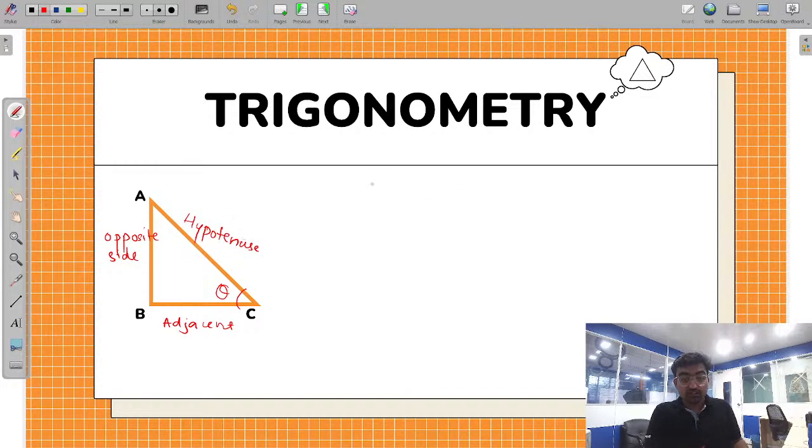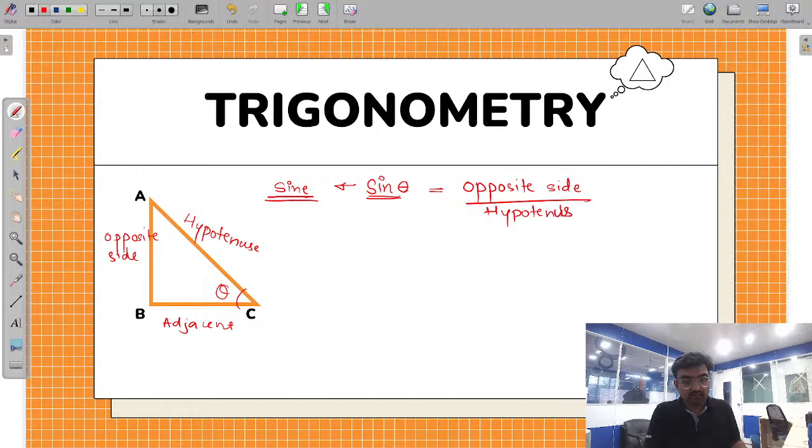See, the first ratio is sine. Actually it is known as sine, but in short form we write it as sin. Now if I'm writing the sine ratio for angle C, or let's say for sin theta, the fixed ratio is opposite side upon hypotenuse.